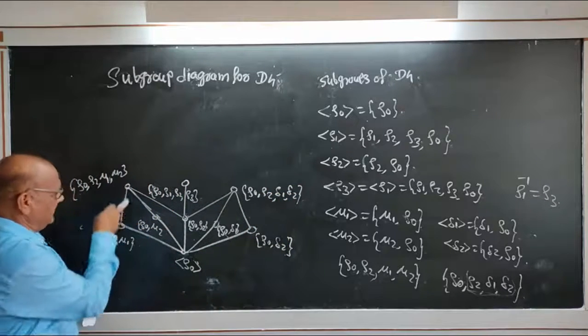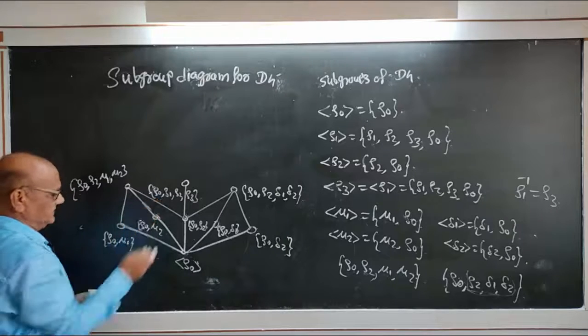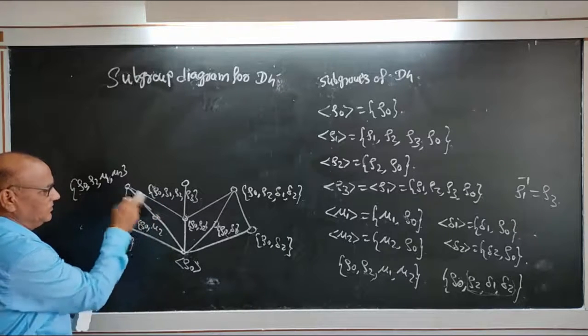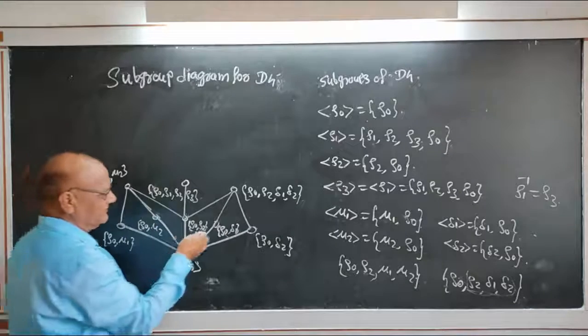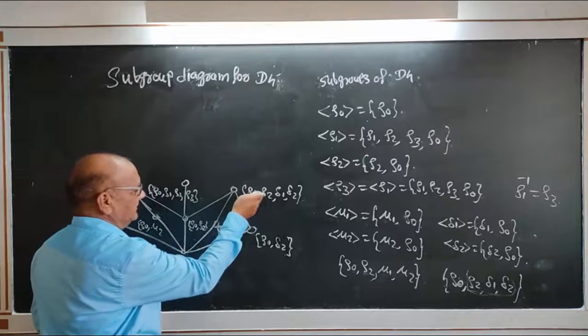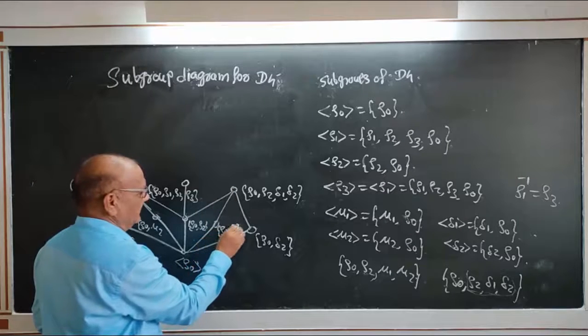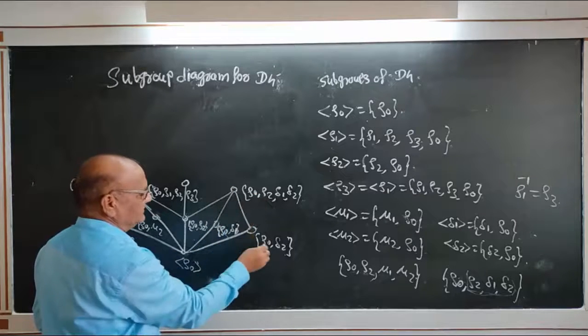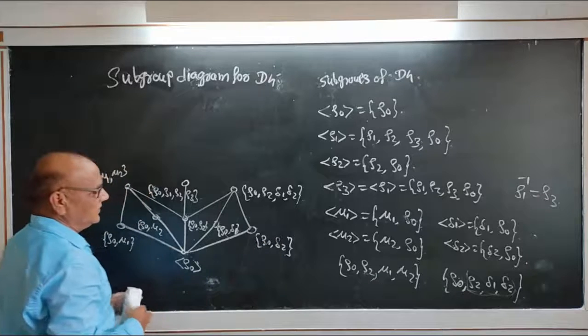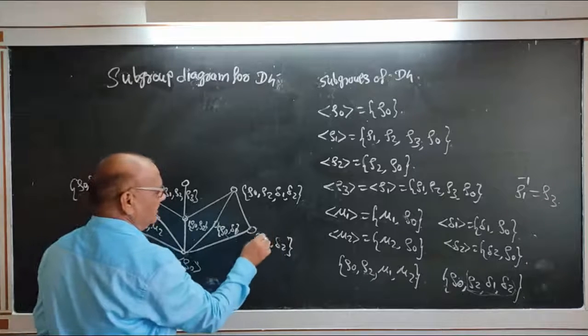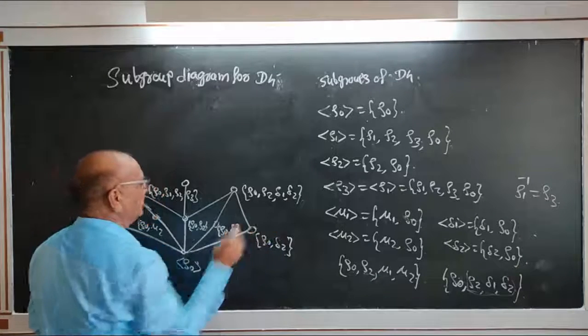Here this is a subgroup of this. Again this is also a subgroup, it means a subset. Here this is a subgroup of this. Row 0 delta 1 is a subgroup of this. Row 0 delta 2 is also a subgroup of this.